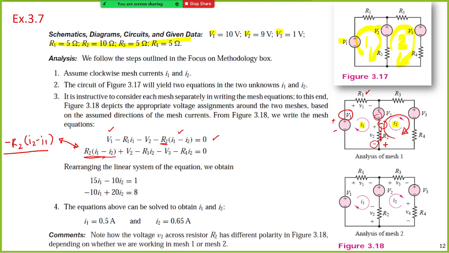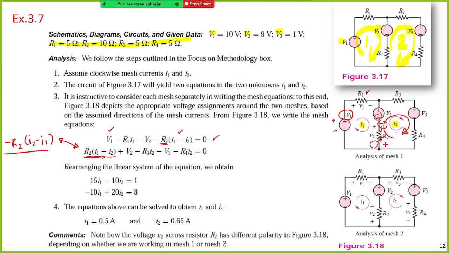So just be careful about the sign. Select one consistent method and do not confuse them when you do the exercise. The exercise will help you build consistency.